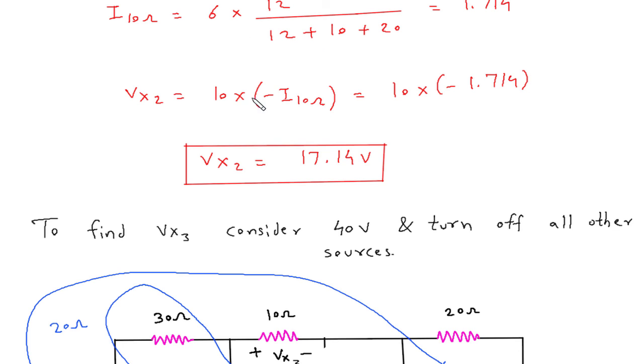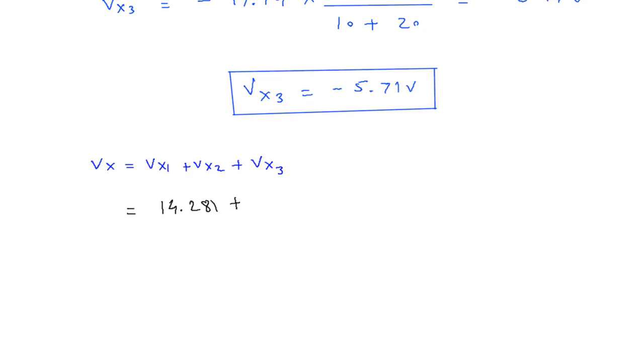Vx2 is, this is not 17.14, this is minus 17.14, then plus minus 5.71.